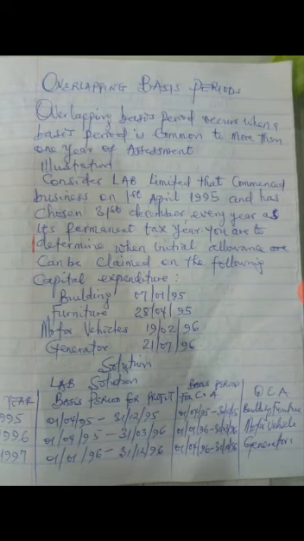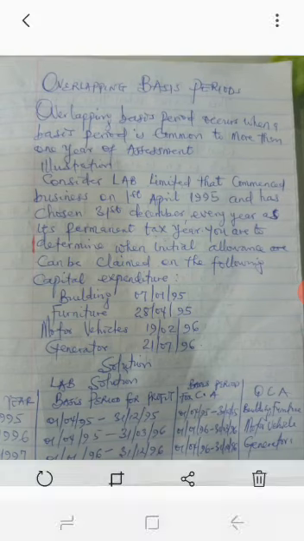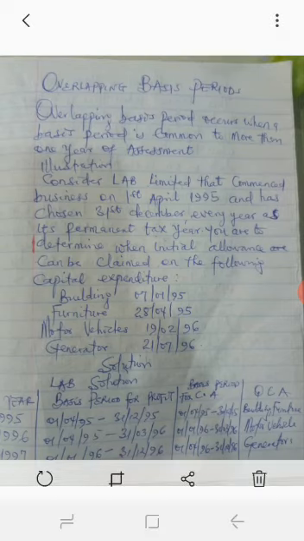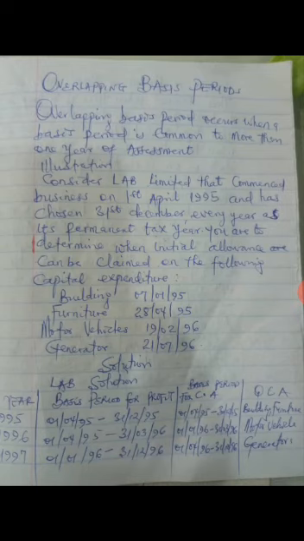And we have explained to you that for an asset acquired before the date of commencement, the rule applies that since there is proof that the first use to which the asset will be put is for the purpose of the business, therefore it is deemed to have been acquired on the first day of business. So we will not say that because the asset was not there, we then leave it. No, it is to be assumed that the asset was acquired on the first day the business commenced.